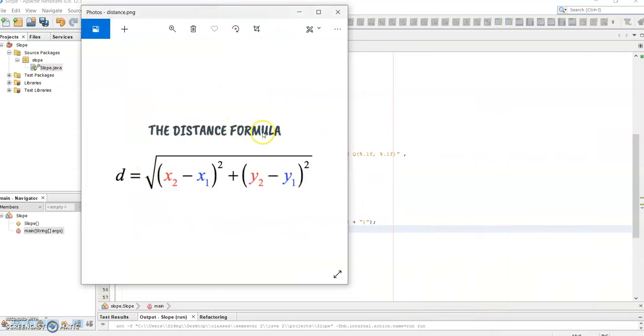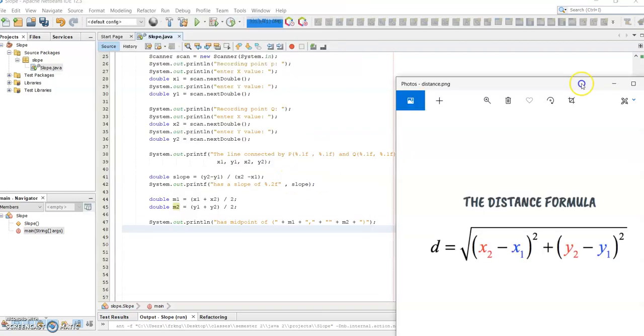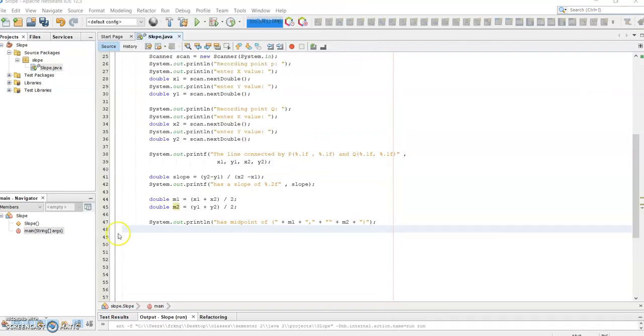Right, now let's calculate the distance between 2 points. This is the distance formula: square root of x2 minus x1 to the power of 2 plus y2 minus y1 to the power of 2. Okay, let's code it.